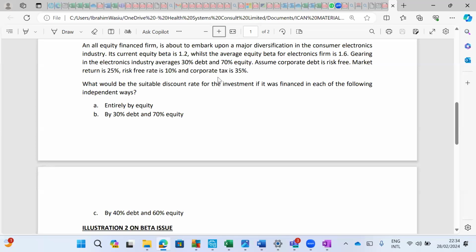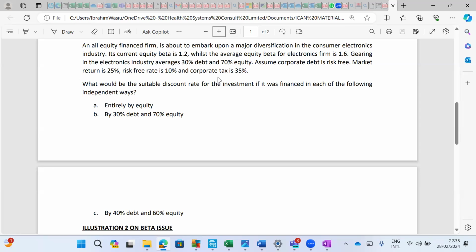Because of this statement, now we can agree that the 1.6 equity beta is actually equity beta and not beta asset. Are you on the same page for proxy company? Yes, sir. We are with you, sir.